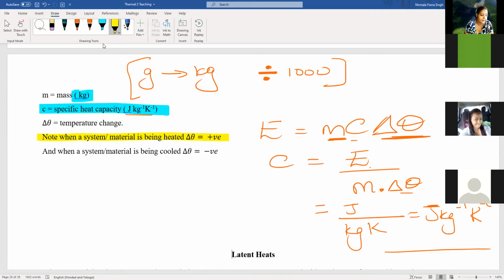When a system is being heated, our delta theta, or change in temperature, is going to be positive. Why is it positive? Because when we heat something, we start at a small temperature and go to a higher temperature. Correct?